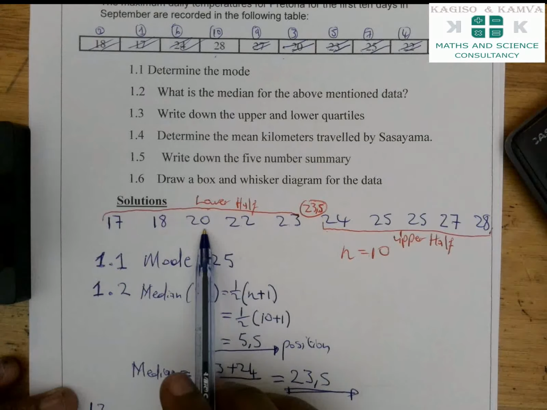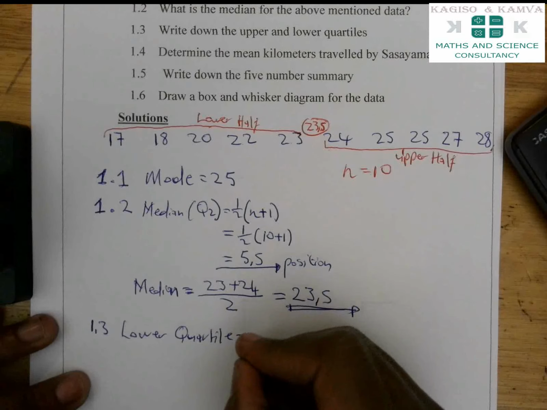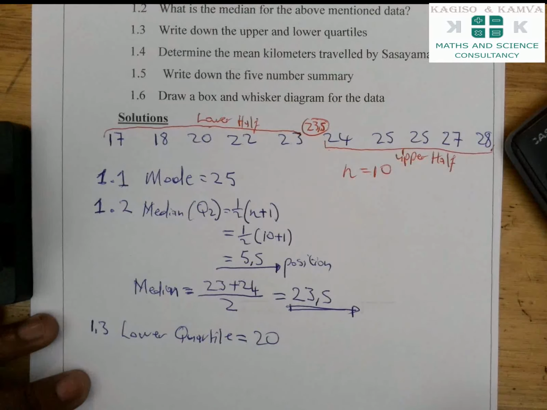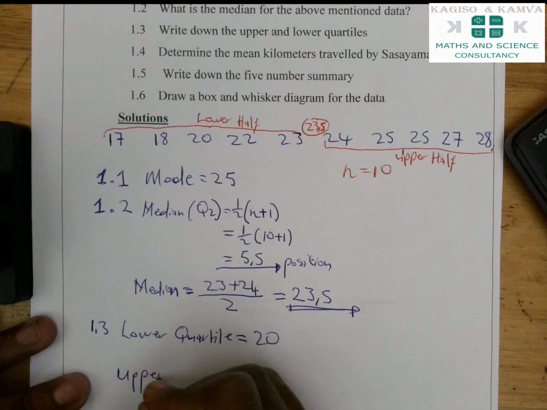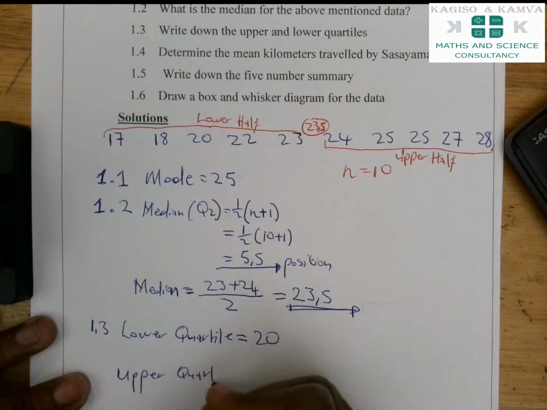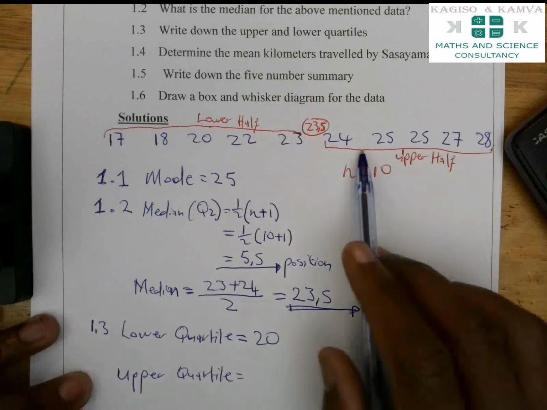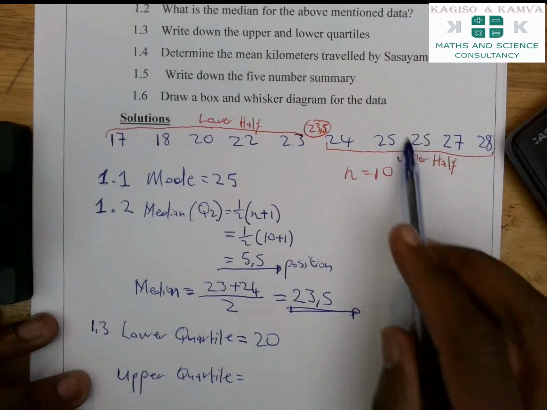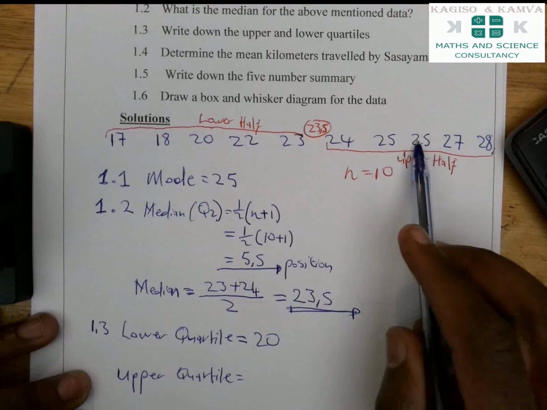So the lower quartile is going to be equal to 20. Okay, and the upper quartile is going to be equal to, just count here, 1 2 3. This one is the middle one. So the upper quartile is going to be 25.